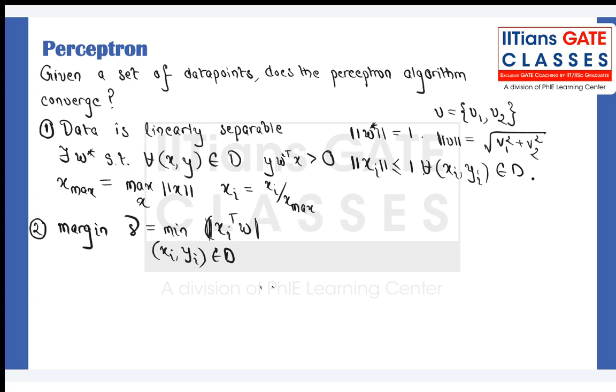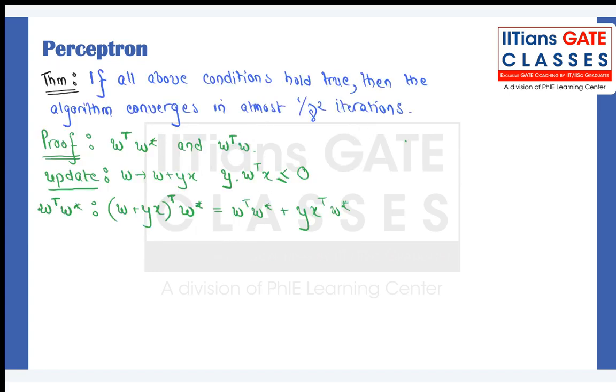So this is my y times xi transpose W. And if you look carefully, here also it is the same, except this denotes it for each x. So I can claim that since gamma denotes a minimum such value, this value is at least greater than or equal to W transpose W star plus gamma.